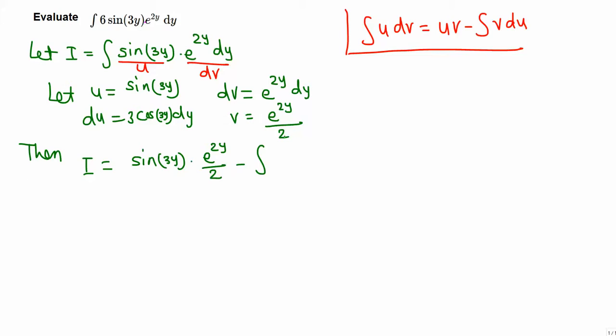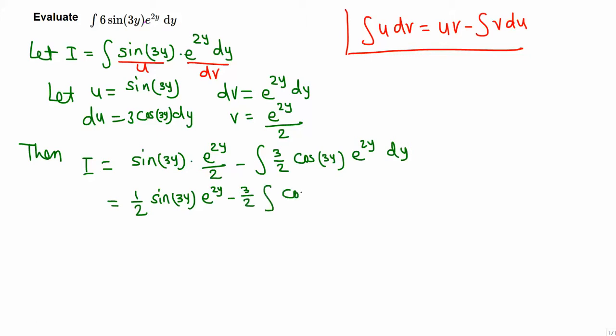When we multiply 2 and 3, this is 3 halves cosine 3y e raised to 2y dy. Let's simplify. We can write 1 half sine 3y times e raised to 2y minus 3 halves, which can be pulled outside, the integral of cosine 3y times e raised to 2y dy.